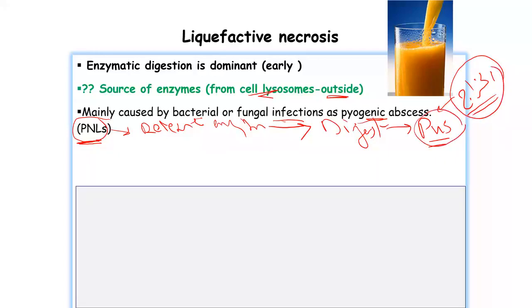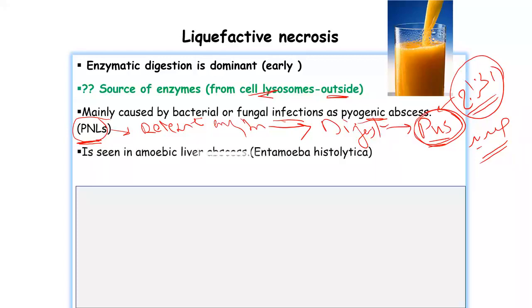These enzymes will digest the necrotic tissue, leading to formation of liquefied pus, which is present in the abscess. So the necrotic tissue will be liquefied and change into pus, and this is liquefied. And so the enzymes causing liquefactive necrosis in abscesses are derived from neutrophils or polymorphonuclear leukocytes.